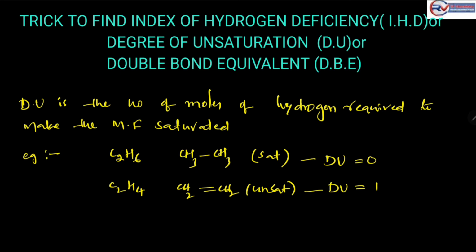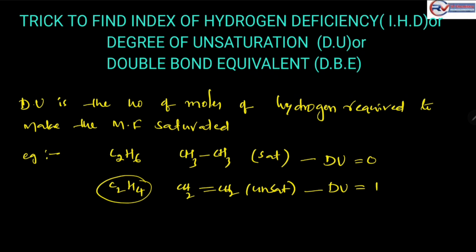Its degree of unsaturation equal to 1, or double bond equivalent equal to 1. In this molecule C2H4, to make it saturated, how many hydrogens are required? It requires 2 hydrogens. Its DU equal to 1.